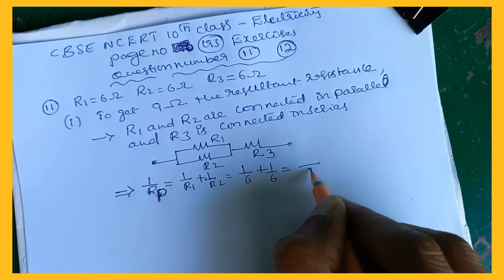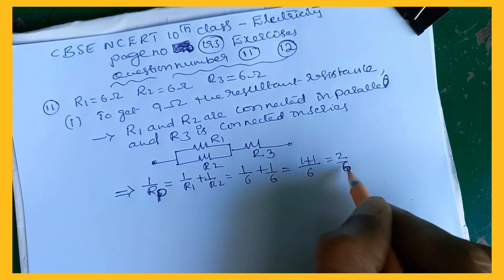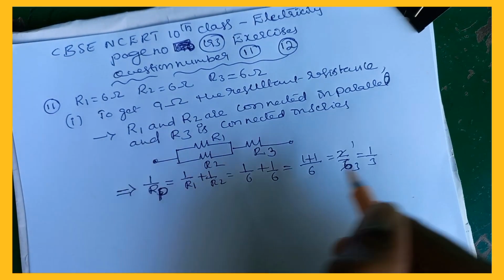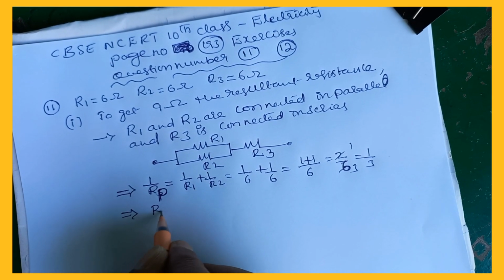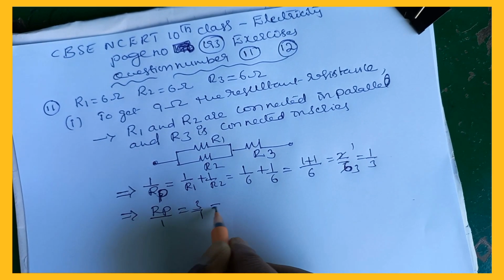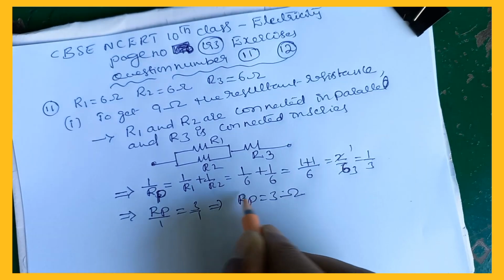LCM is 6. Then 1 plus 1, that is 2 by 6. On cancellation, 1 by 3. So 1 by Rp is equal to 1 by 3. Then taking the reciprocal, Rp is equal to 3 ohms.